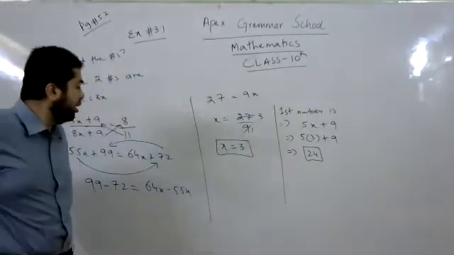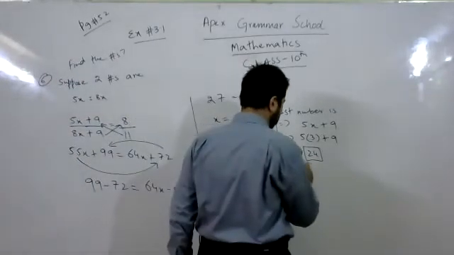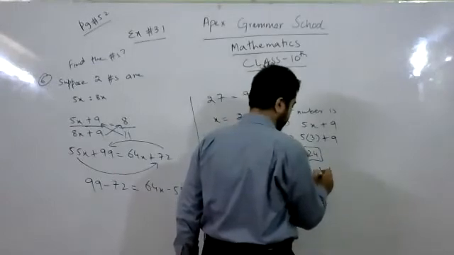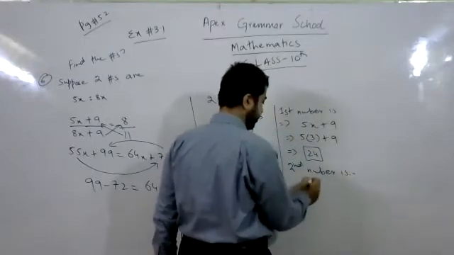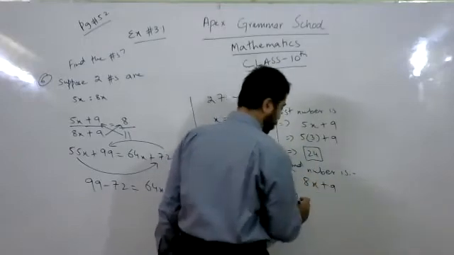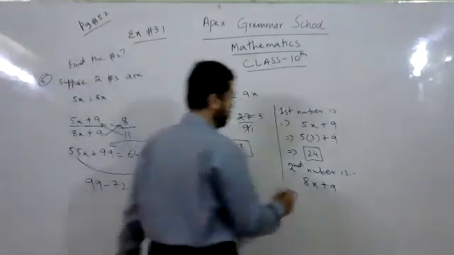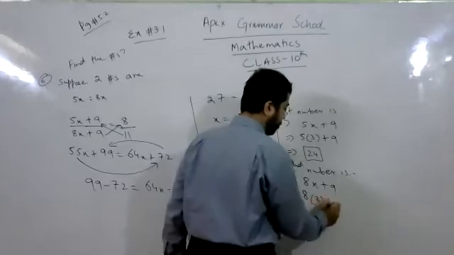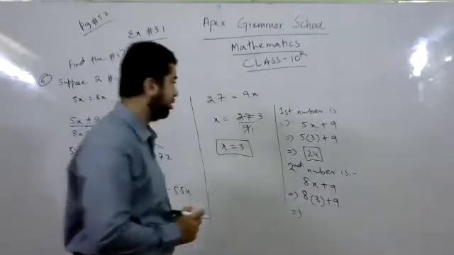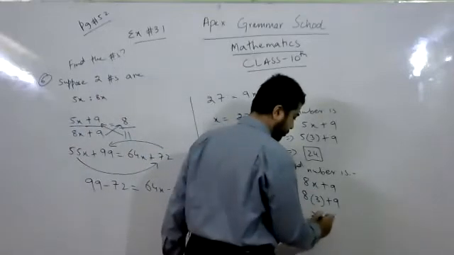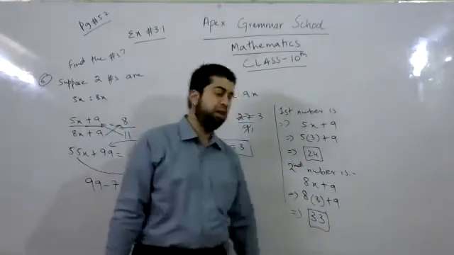And the second number is 8x plus 9. The value of x is 3, so 8 multiplied by 3 plus 9. 8 times 3 is 24, and 24 plus 9 is 33. So both numbers are 24 and 33.